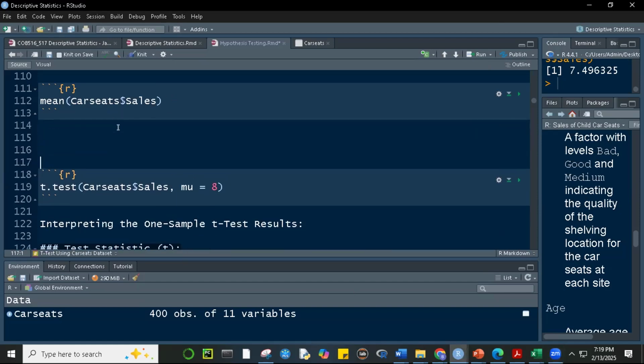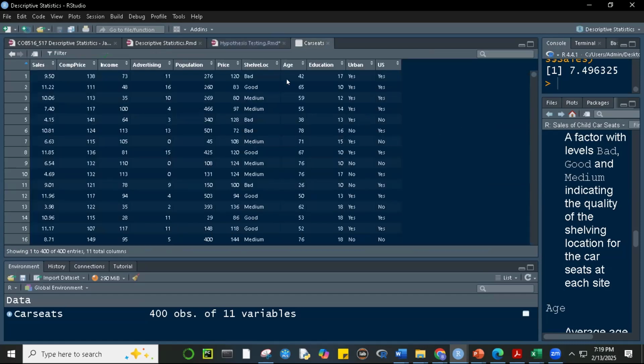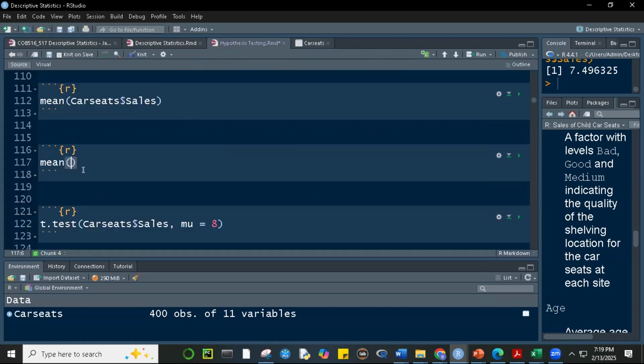So I'm going to insert a code chunk here, Control Alt I. In Mac, I think it's Command Option I. Okay, shortcut to create a code chunk. Let's see. Mean, and then what are the other variables here? Let's say mean of advertising.